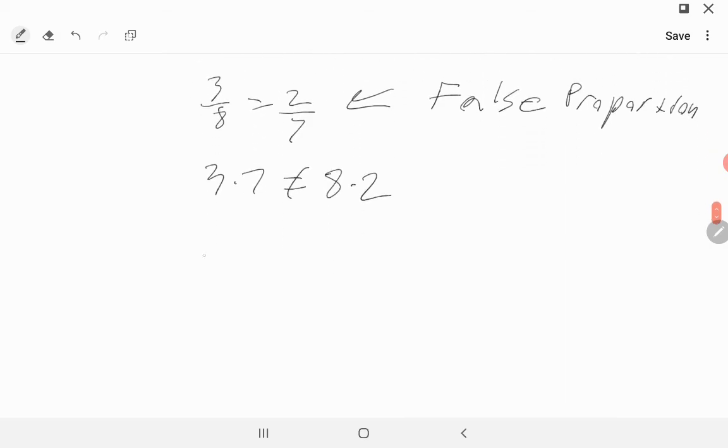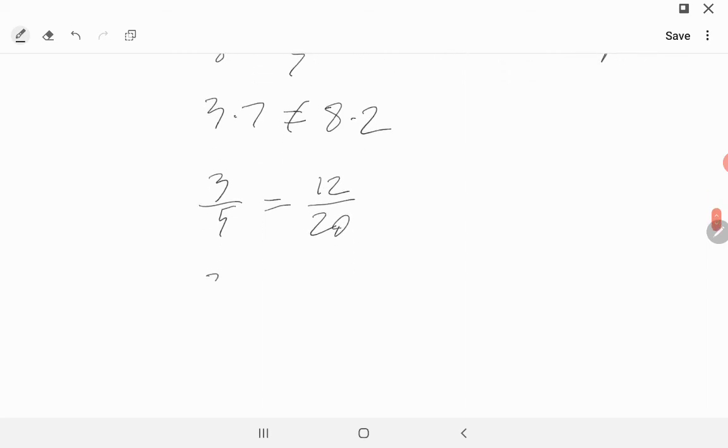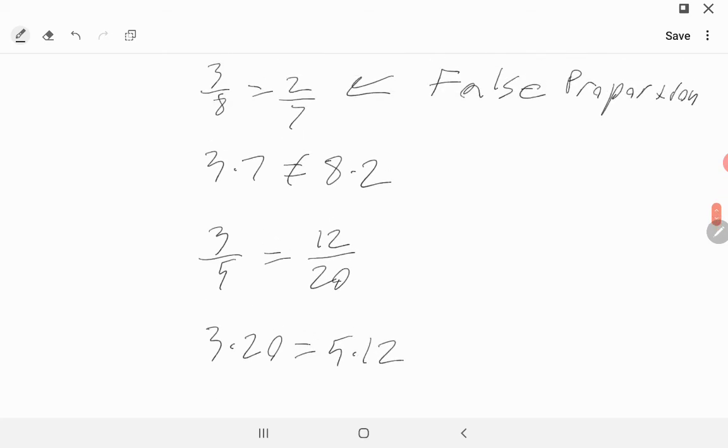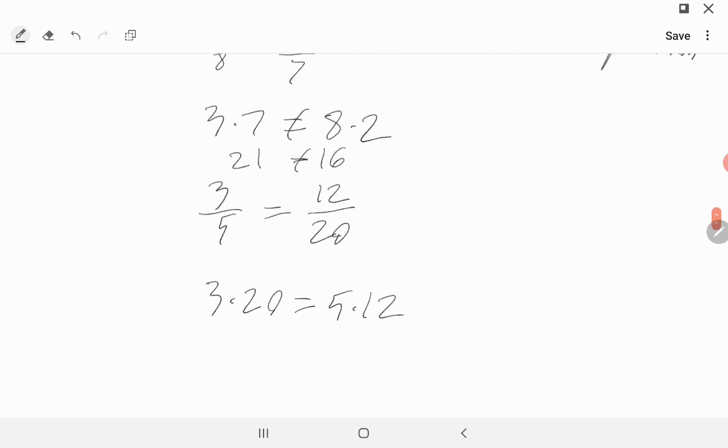On the other hand, if we looked at something like 3/5 equals 12/20, we notice that 3 times 20 is equal to 5 times 12. Actually, let's double check. With the 3 times 7, we get 21, which isn't equal to 16. In this case, we get 60 is equal to 60.